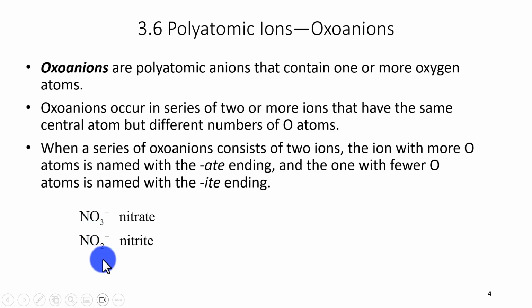Now in this series, we have one ion that has only two oxygens, so it has fewer oxygens, and the other one has three oxygens, so it has more. Therefore, this is called nitrate with an ATE ending, because it has more oxygens, and the one that has fewer is called nitrite. It has the ITE ending.